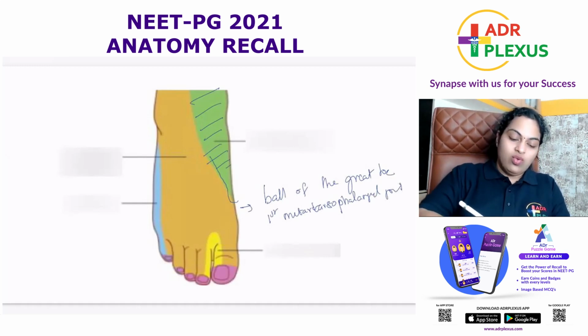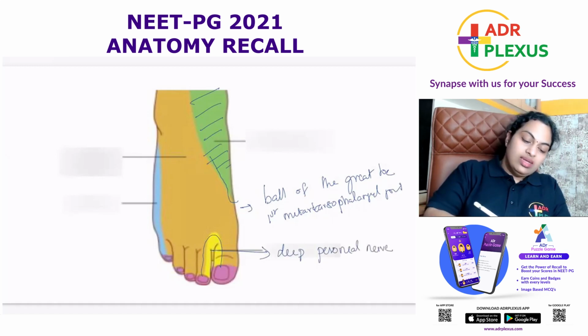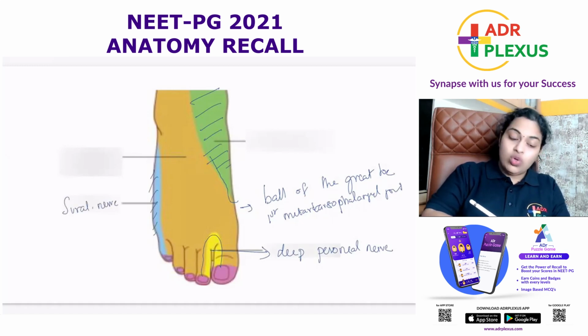Okay, and what is our rest of the innervation? Cutaneous innervation to the dorsum of the foot. This is the first interdigital cleft that will be innervated by the deep peroneal nerve. Okay, the lateral border, which is shown in blue, that's the area of the skin that is innervated by sural nerve.